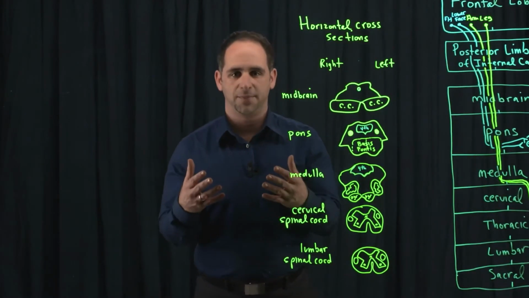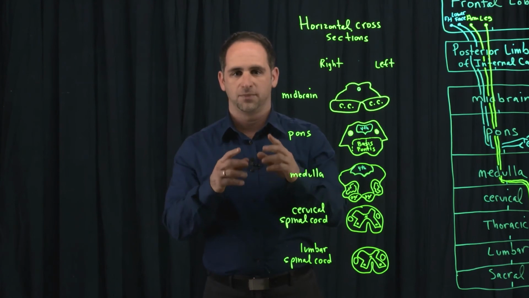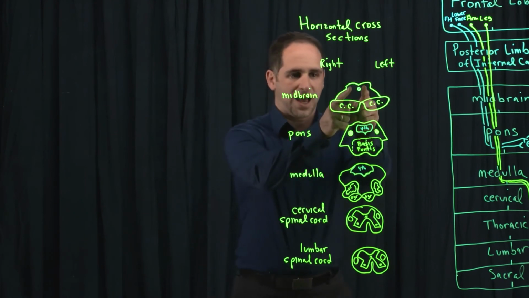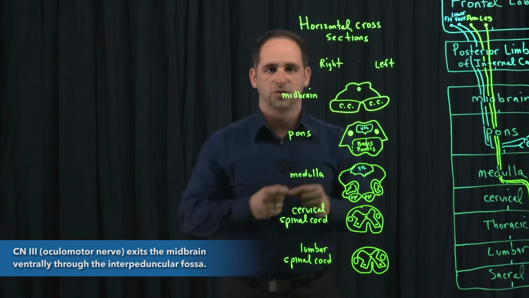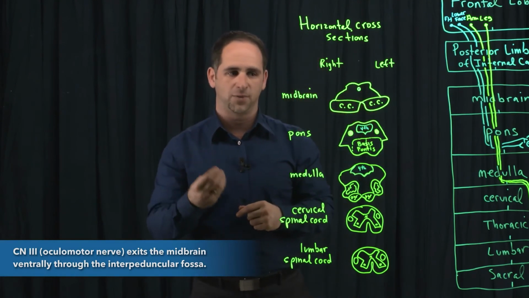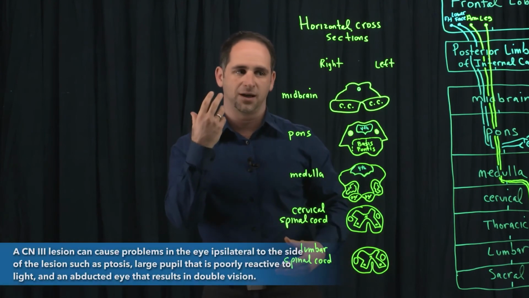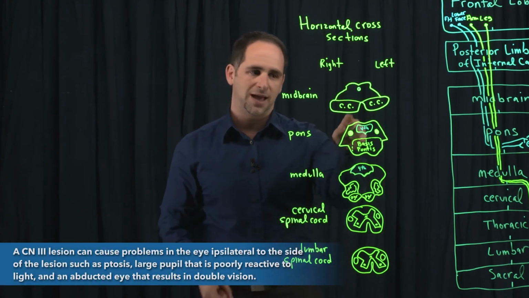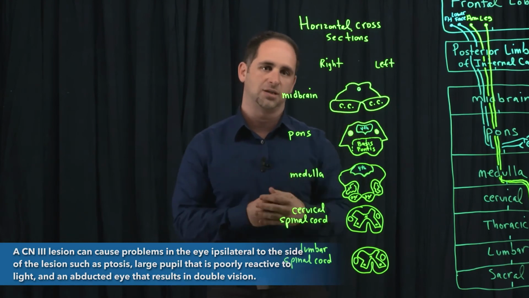So for example, in the midbrain, cranial nerve 3, the oculomotor nerve, actually exits ventrally right by the crus cerebri. So if, for example, we had a weakness on one side and a finding of a cranial nerve 3 lesion, that would help us pinpoint that the crus cerebri is the location causing the weakness.